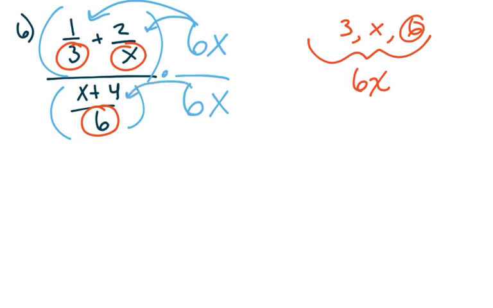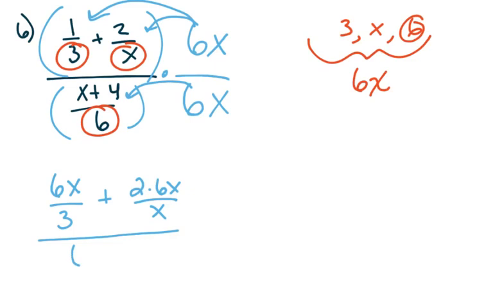And notice that for the first term, you're going to get 6x all over 3 plus 2 times 6x all over x, all over x plus 4 over 6 times 6x. Now, there's a reason why I didn't do the multiplication step, because I want you to see, you don't really have to write this step, what I wrote in blue on the bottom here. What you have to realize is that the things are going to clean up real nicely, and you're going to be left with just no more denominators.